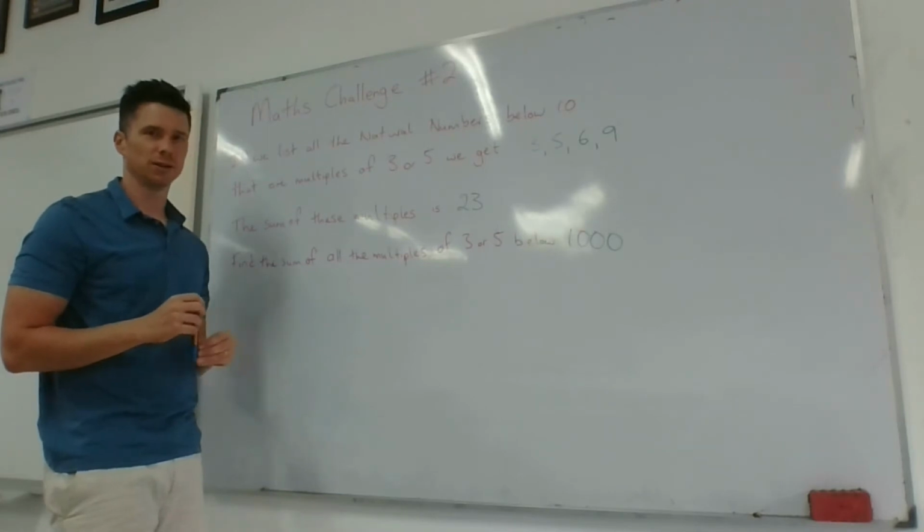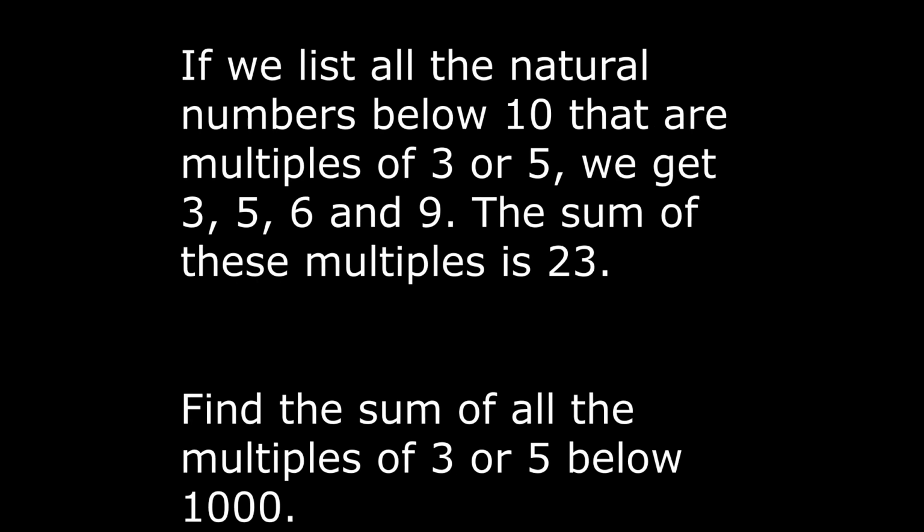I'll give the answer next Monday. If you can think of the answer to that, you can email me and I'll let you know if you're right or wrong. And let's see who can do it before this day week.